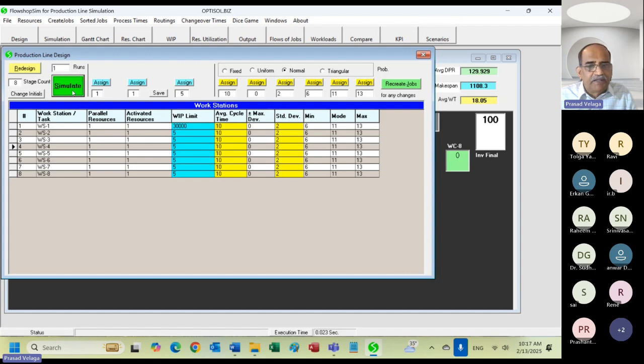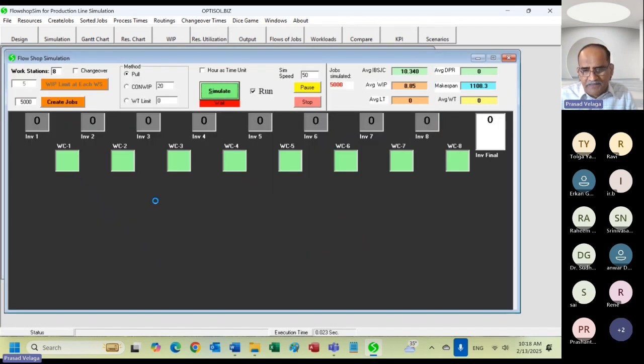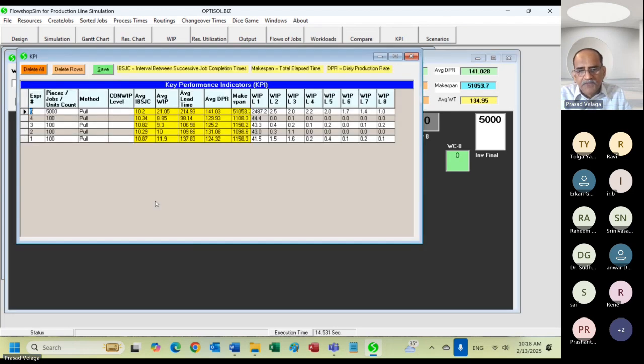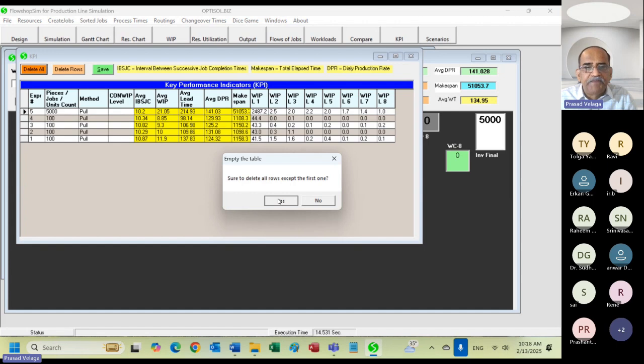It may take about 10 to 15, maybe 13 seconds, because I'm simulating 5,000 pieces with random variation in cycle times. So I got this one now: for 5,000 pieces, WIP limit 5 and sigma 2, the average daily production is 141. Let me remove other previous exercises.